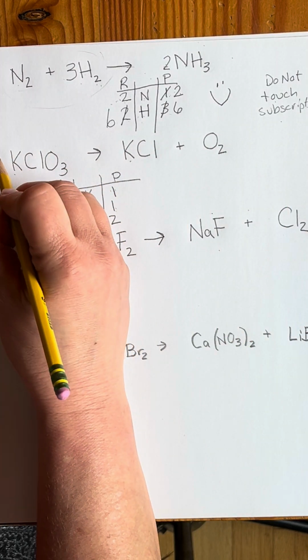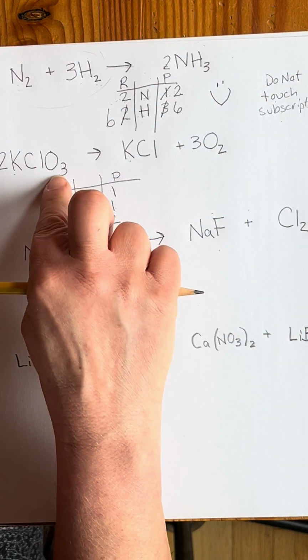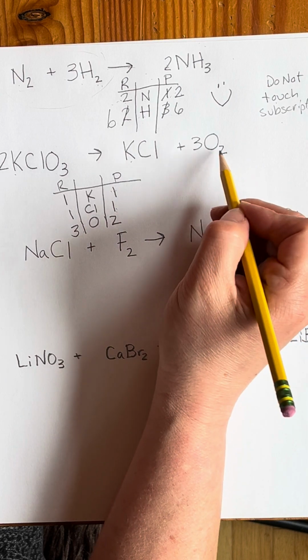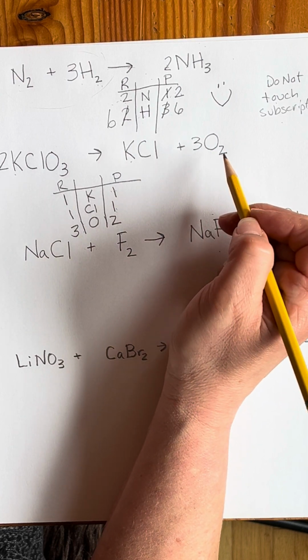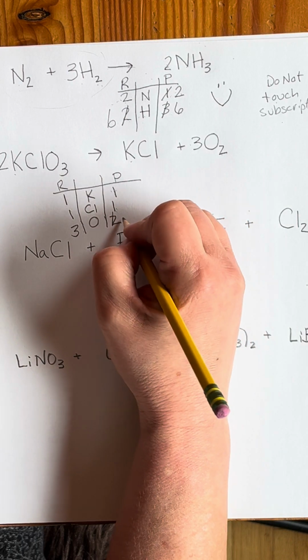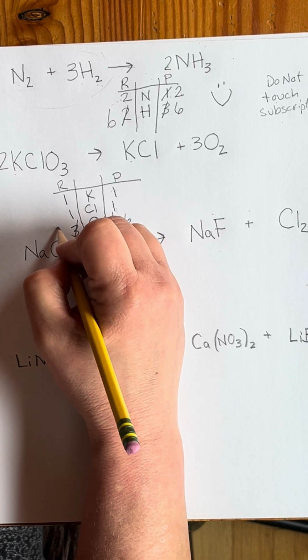So I'm going to put a 2 in front of there and a 3 in front of there, making there 6 oxygens on both sides. So 3 times 2 is 6 oxygens on this side, and 2 times 3 is 6 oxygens on this side.